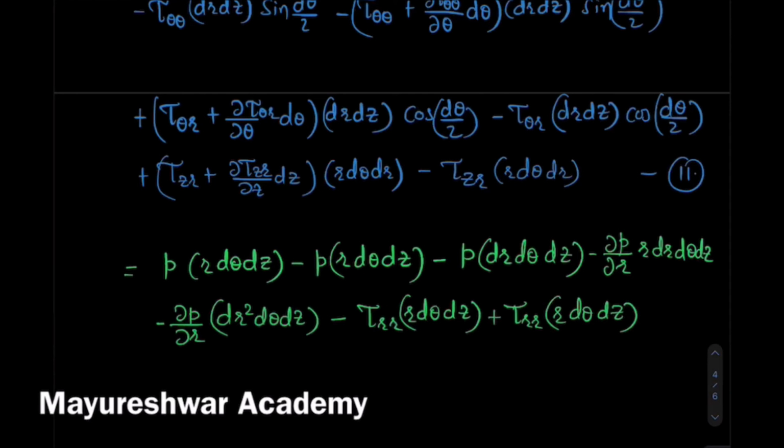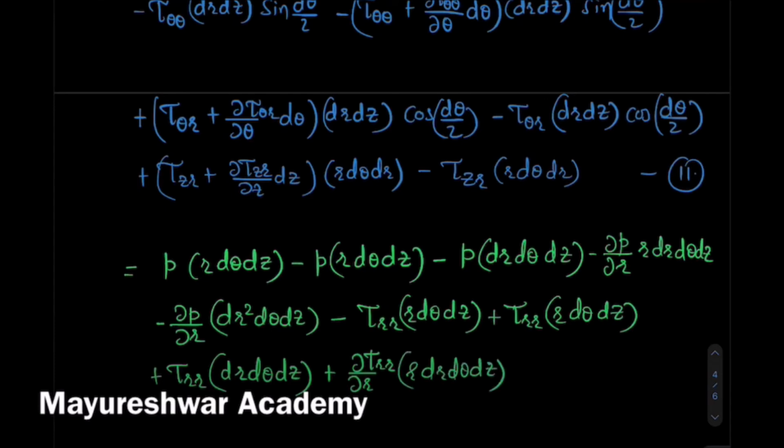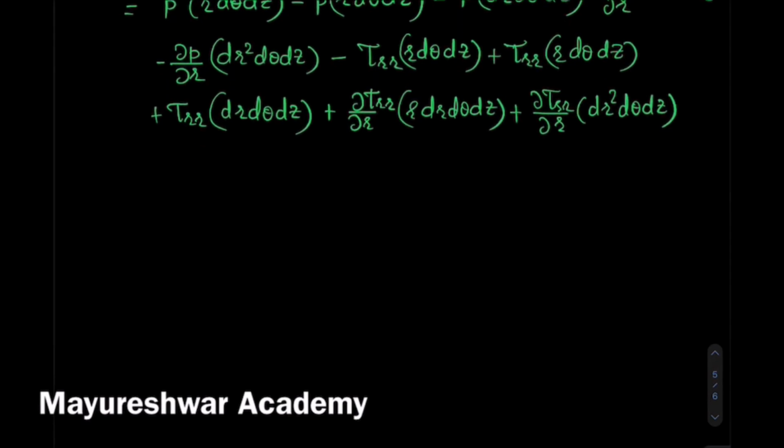Similarly tau rr into r d theta dz. These are identical in nature to pressure components. So tau rr dr d theta dz, and plus its rate of change along r direction multiplied by r dr d theta dz. So similarly dr squared d theta and dz.